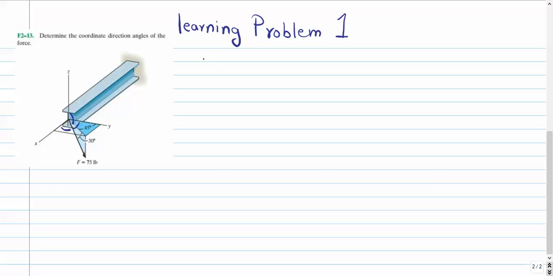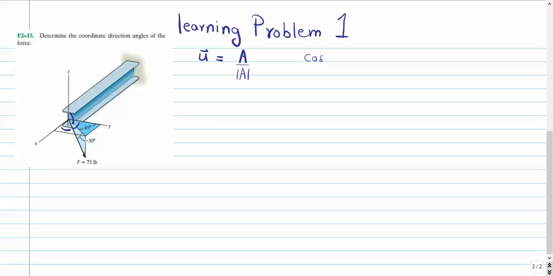So a unit vector in any direction is equal to the vector itself. Let's say the vector is called A, divided by the magnitude of the vector A, right?